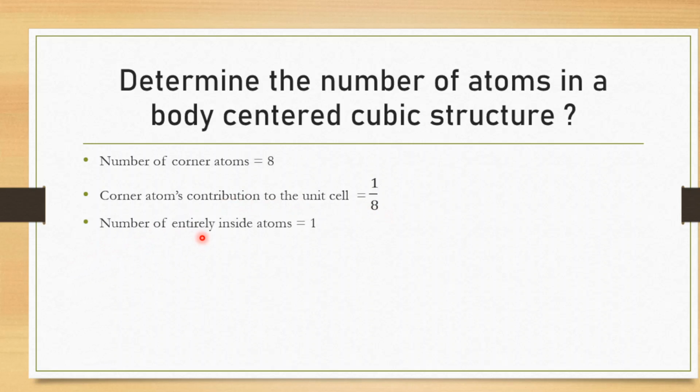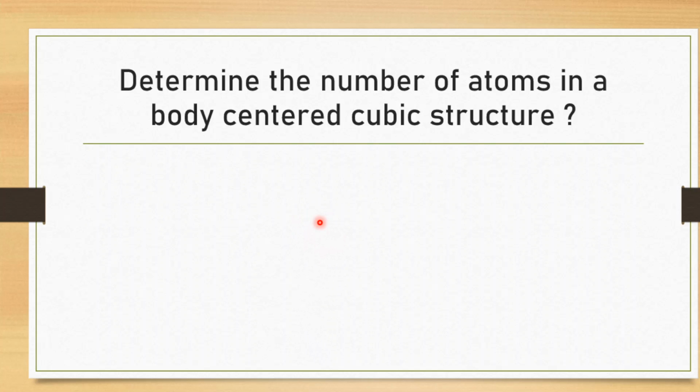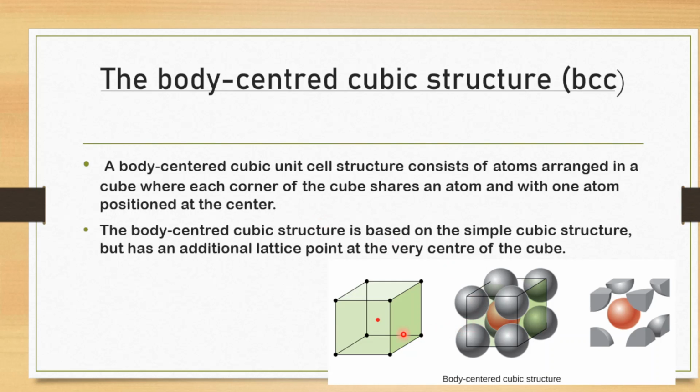Then number of entirely inside atoms is 1. Here I told it before. There is one atom entirely inside this unit cell.